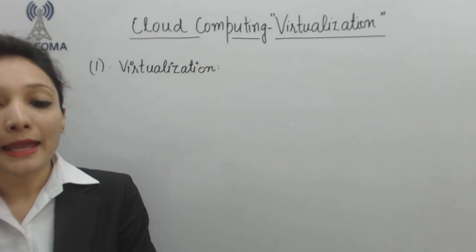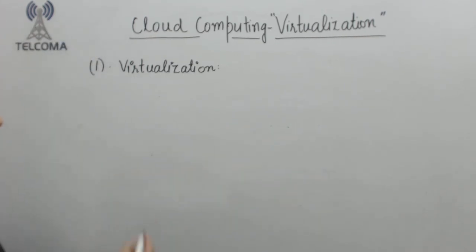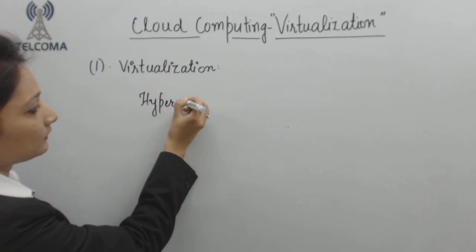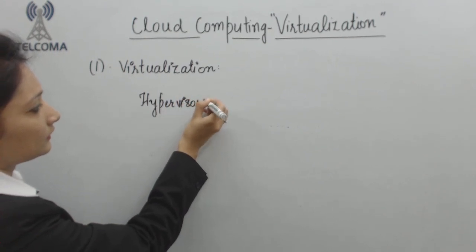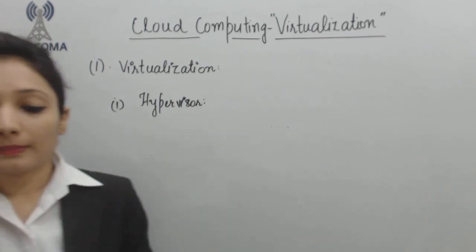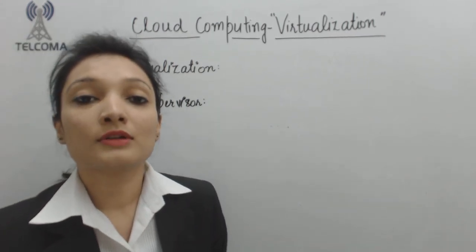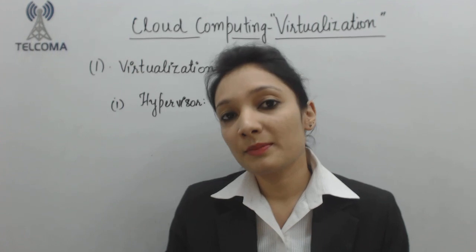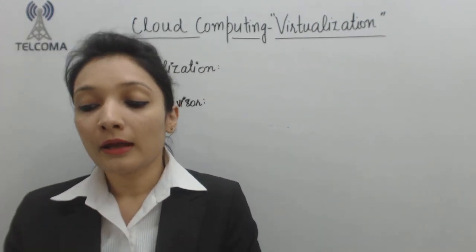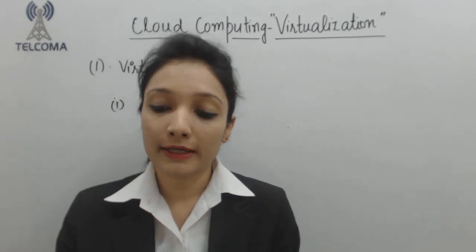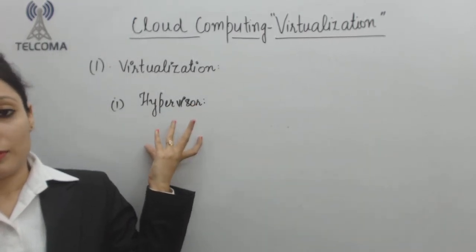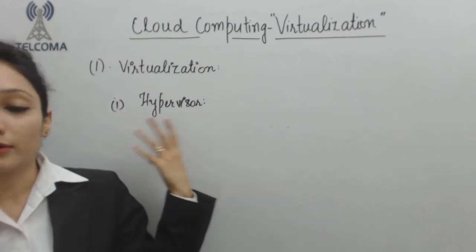Now, the hypervisor. We say that these virtual machines which are created here will be managed by the hypervisor. This is basically a software layer between the hardware and the operating system, which will interact with the hardware and the resources and provide an interface to share those resources.